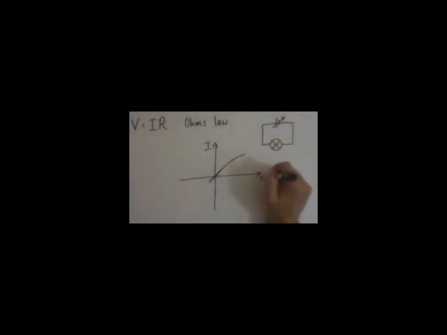So with increasing potential difference, we don't get a uniform increase in current, so it tapers off like that. Now this should be the same as this, but in reverse. Okay, so this would be for a filament lamp.